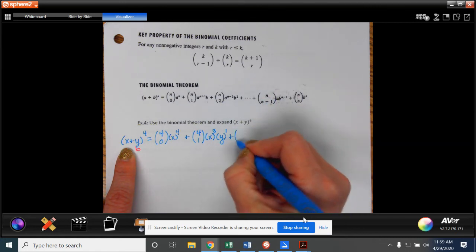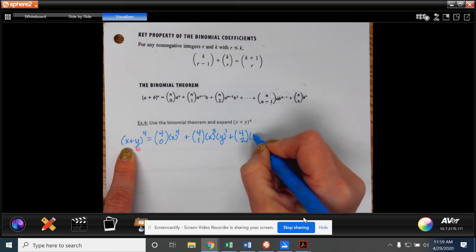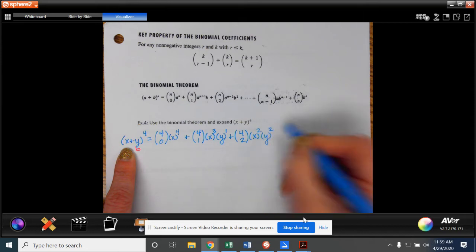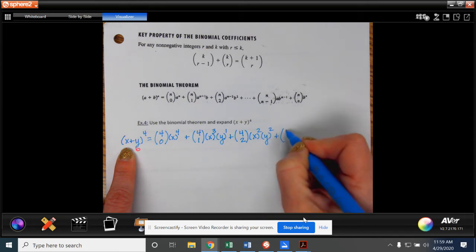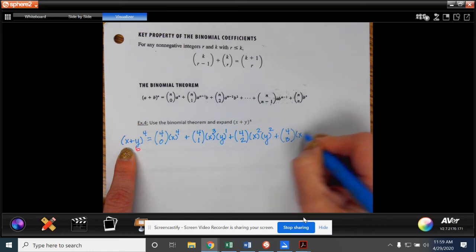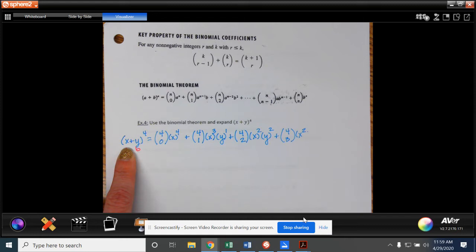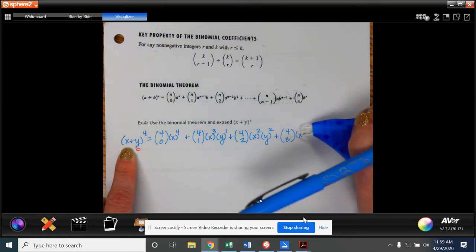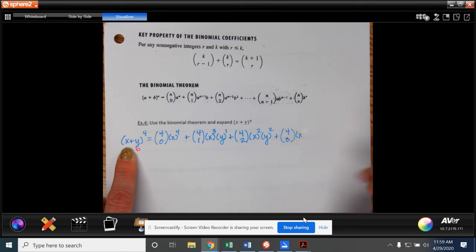And then the next one would be 4 over 2, and we would have x squared and then y squared, and then plus 4 over 3, and we would have x to the 1st. Where's my lovely whiteout that I wish I invented a long time ago, because I use it all the time because I'm human.